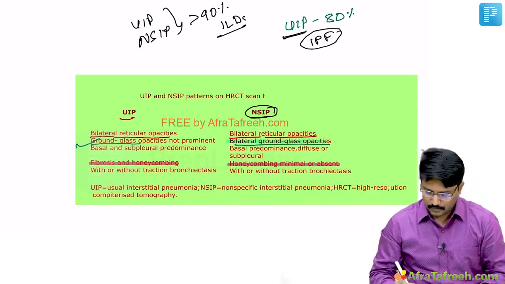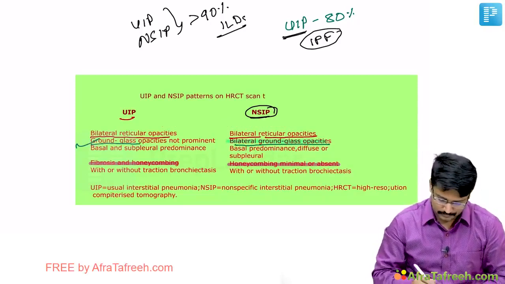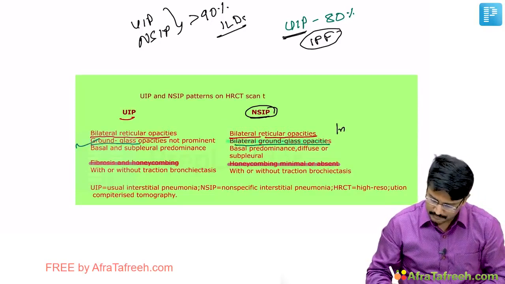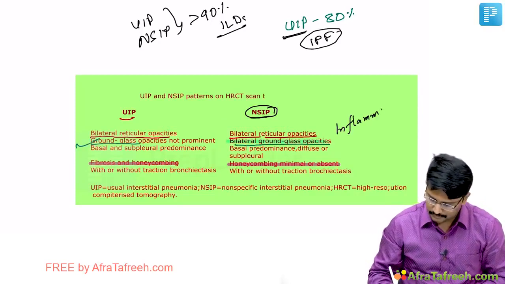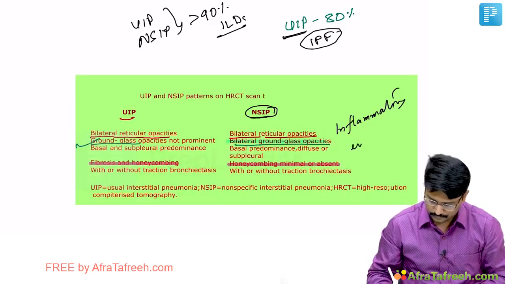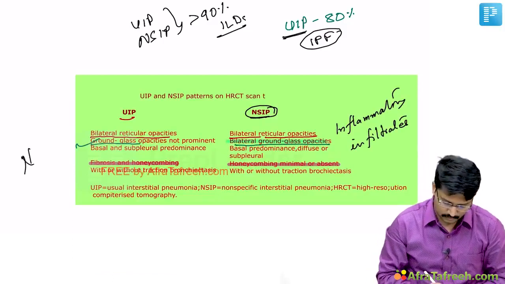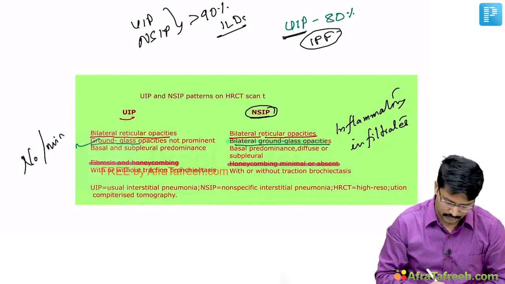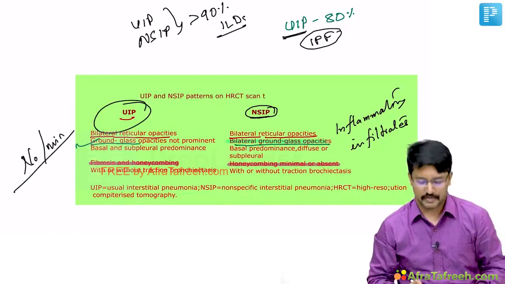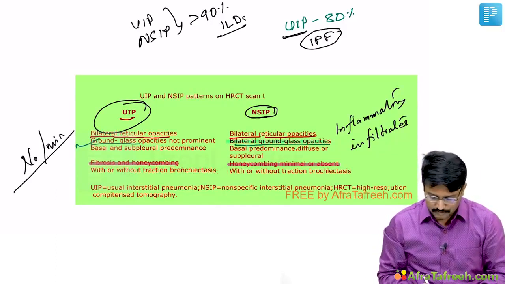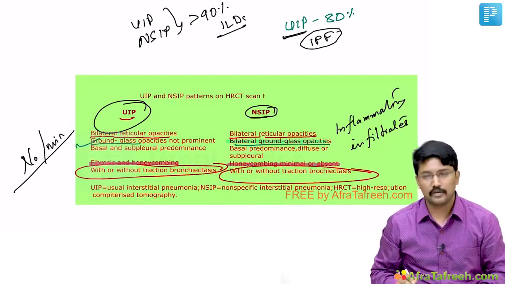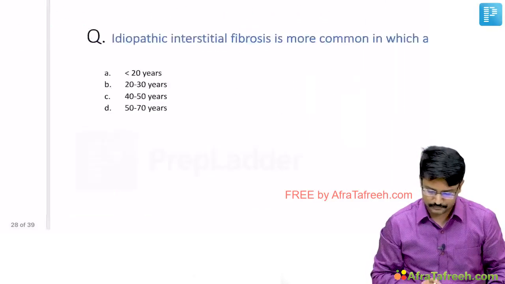Forgot to mention that there are significant inflammatory infiltrates on the NSIP side, and there are no or minimal inflammatory infiltrates on the UIP side. On both sides, because there is fibrosis, you may see significant traction bronchiectasis.